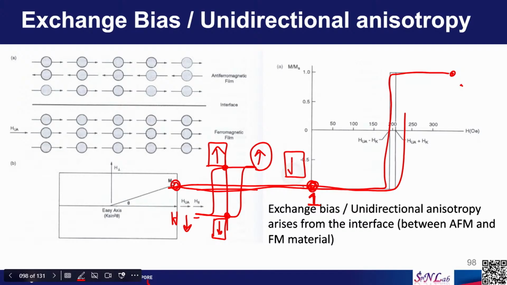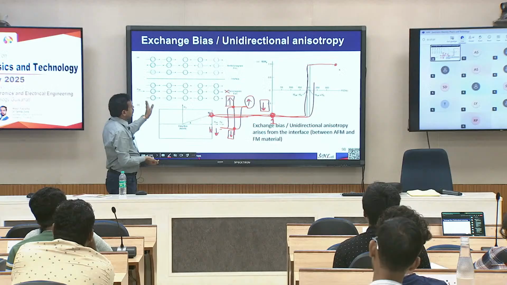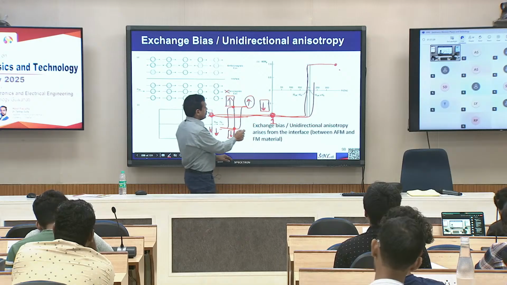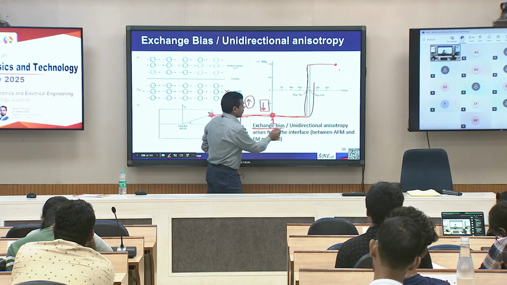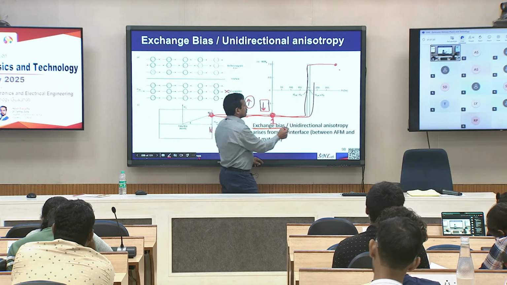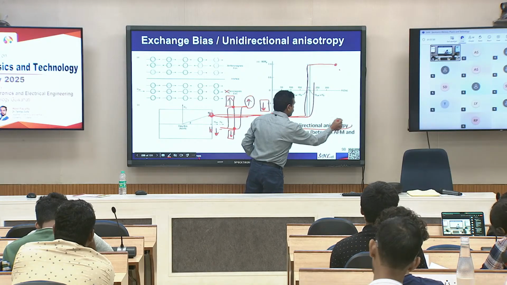So, let us say this particular film has only one remnant magnetization direction. Whether you apply negative field or positive field, you will always end up with this configuration. You will never have this configuration. This is the property that we can get with exchange bias, and this anisotropy is also called unidirectional anisotropy.